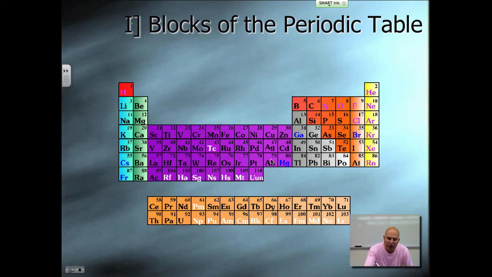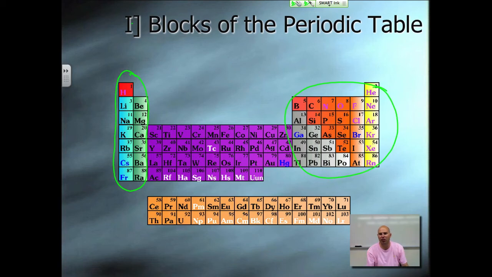Okay? Notice that if I kind of block this periodic table into chunks, that looks like a chunk that could go together. This looks like a chunk that could go together. This section here certainly could be blocked together, and this section here as well.